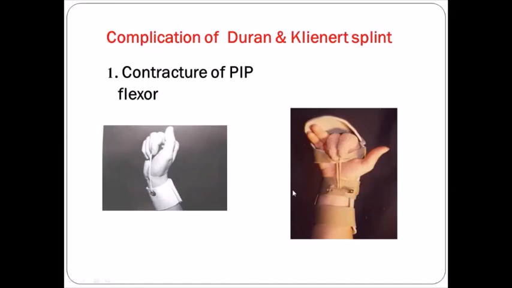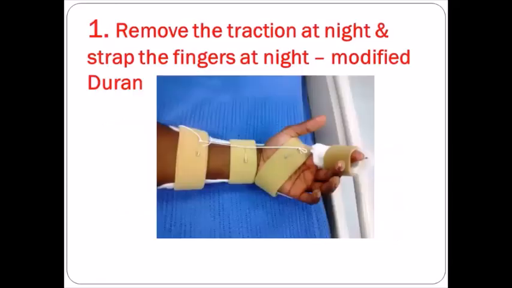But if you continue it for a long time, there is a chance of PIP flexion contracture. So what change are you going to make in your splint to minimize this problem? You are going to extend the finger at night time through this night splint, rather than going for full-time finger flexion.